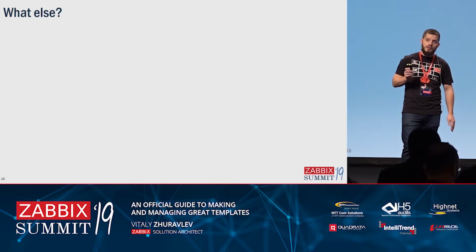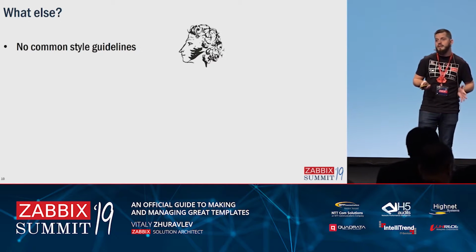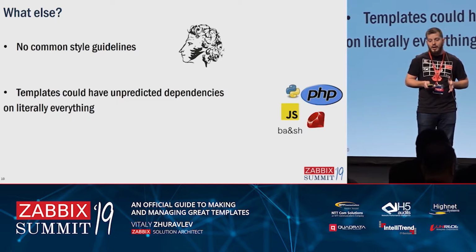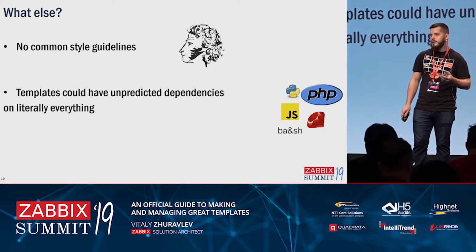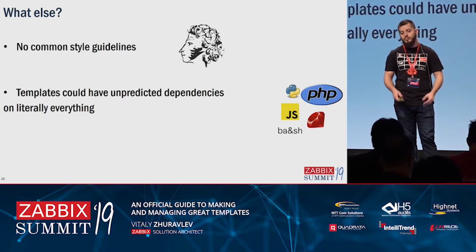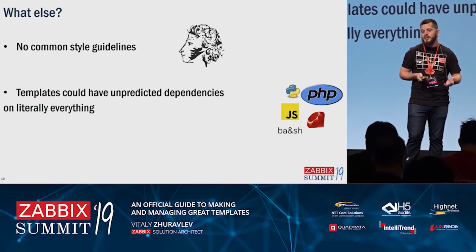What else is that there were no common guidelines on how to write templates until this point. Also, templates are actually not all you need. You also need some scripts most of the time to do discovery and other things.